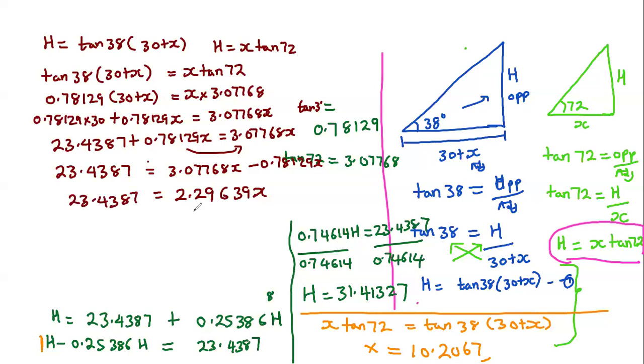So when you reach here, since you want x, you divide by 2.29639. So when I divide from the calc I have here, I'll end up with 10.2068 equaling to x. Hope now that one is a bit okay.